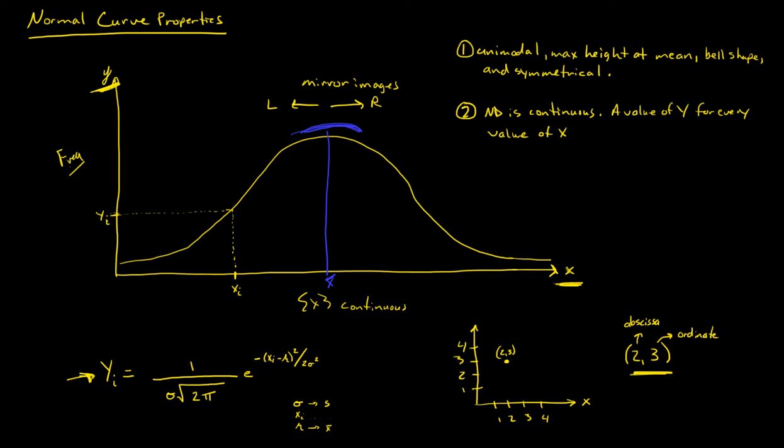So again, you plug any x into this equation down here, into our normal curve, and we can get the ordinate value, the y value. So we'll get a value of y for every value of x, assuming, that is, x is continuous.